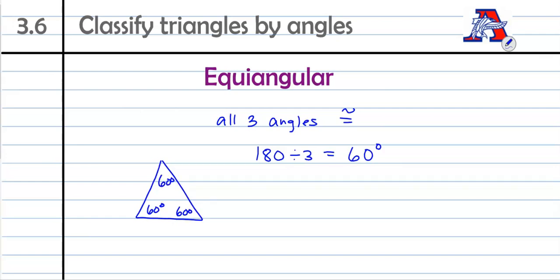And another fun fact, every equiangular triangle is also equilateral. Always equilateral. They have to be. If all the angles are the same, then all the sides are going to be the same as well.